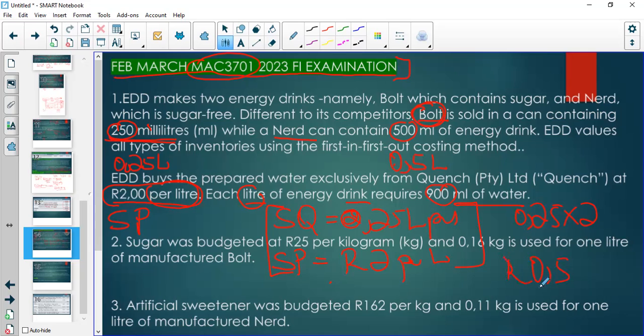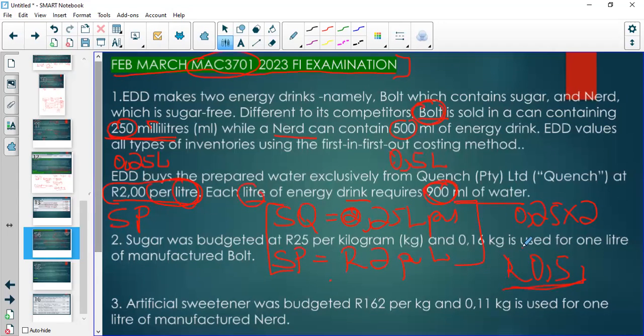This 0.5 is rands per liter. But the water we require in a liter of drink is 900 milliliters, not a full liter. Is this correct? I want to say 50 cents, so that's 50 cents per liter.